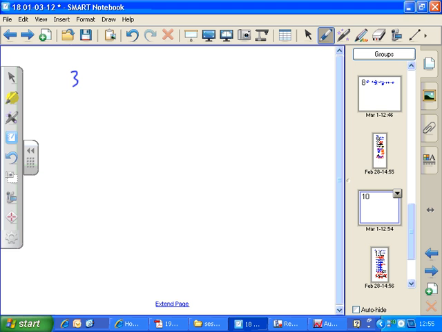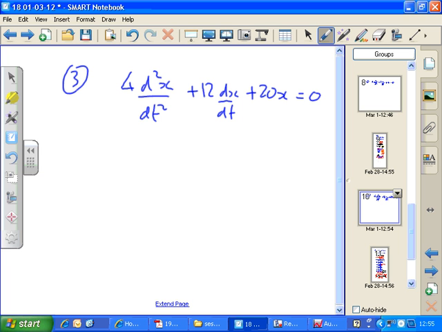So this is example 3, 4 d2x by dt squared plus 12 dx by dt plus 20 x equals 0. Try forming the auxiliary equation. This time you'll make it easier for yourself if you divide through by 4 to make the coefficient of m squared 1, and then solve and try and write the solution by looking at the table.